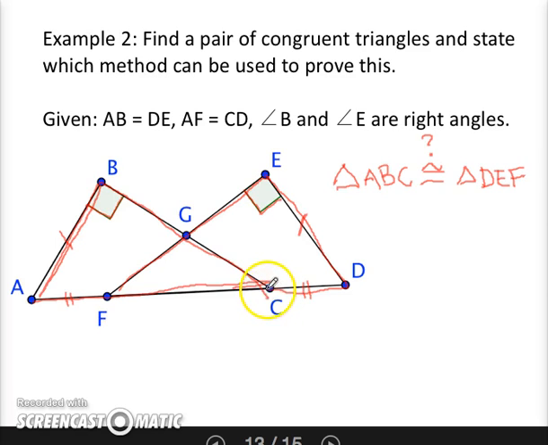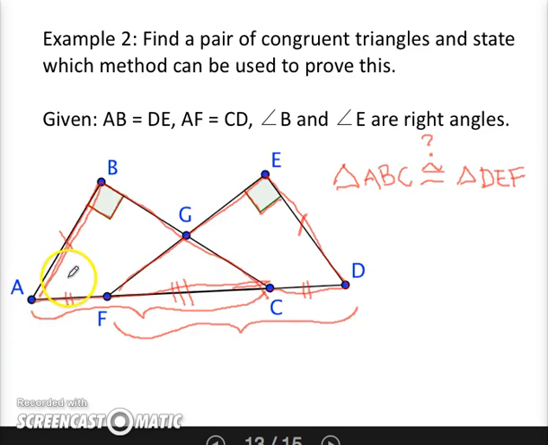And all we know about that section is that it's congruent to itself by the reflexive property. But if you think back to the segment addition postulate, you might see that AF plus FC gives us this entire side, and FC plus CD gives us this entire side. So could we say that AC is congruent to FD?